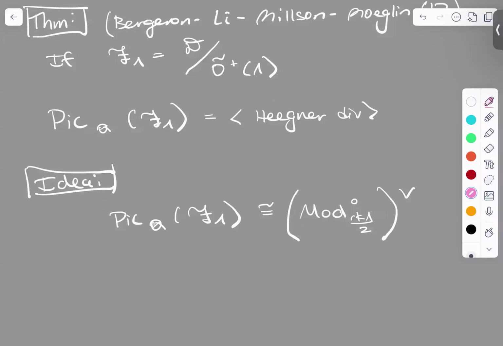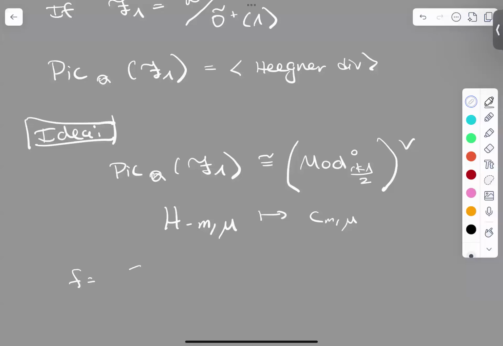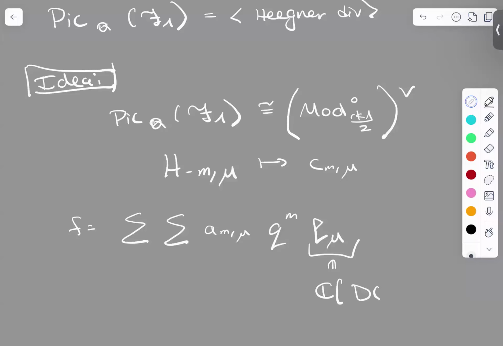Well, it takes a Heegner divisor with this numerical data m, mu, and assigns to it the coefficient extraction functional c m mu, which takes a vector-valued modular form f with Fourier expansion, a m mu q to the m e mu, where e mu is an element of the group algebra of the discriminant group of the lattice, this is m and this is mu.